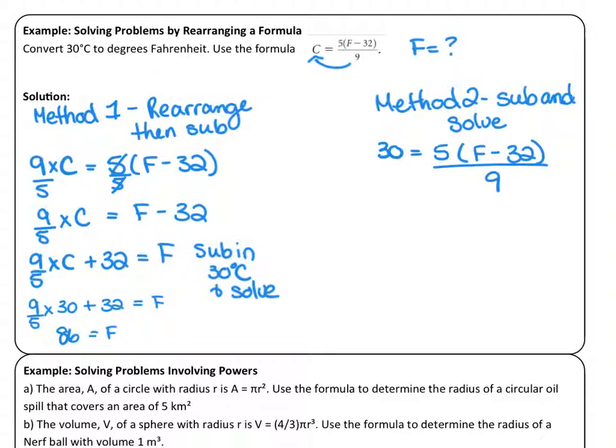5 divided by 9 is 0.55555. It repeats. Times F minus 32. Then we're going to divide 30 divided by that, which is 54.